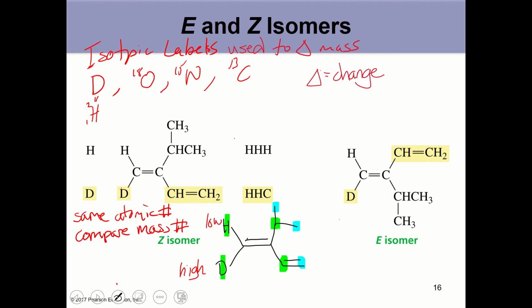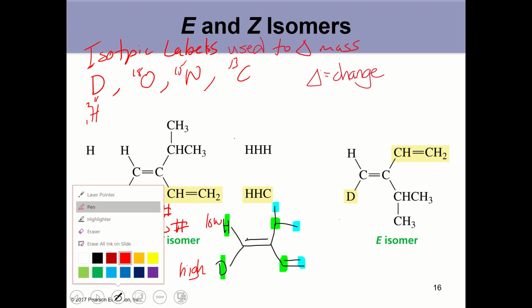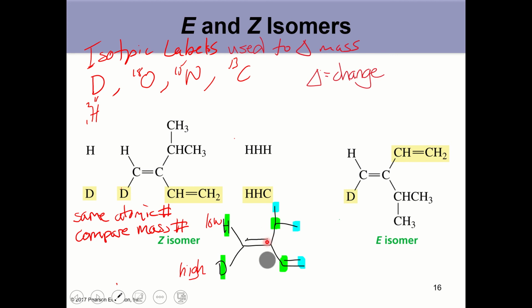Looking at the other side, the final carbon on the right, the first atom out, in green, is carbon. Carbon equals carbon. We can't decide. Go one more atom out, and we have that carbon equals carbon.